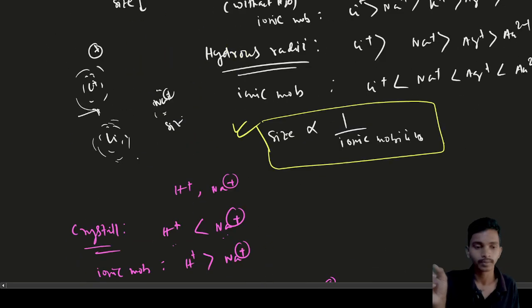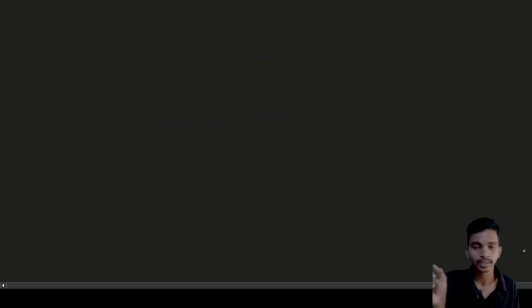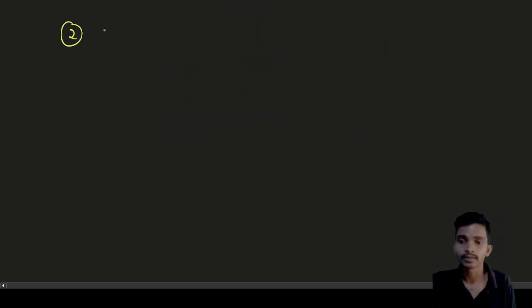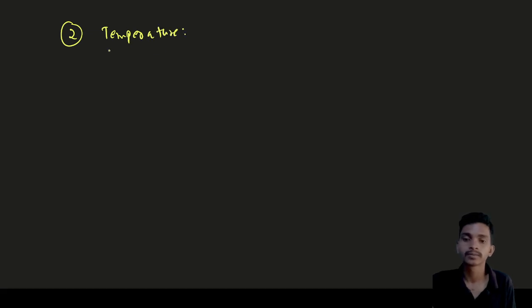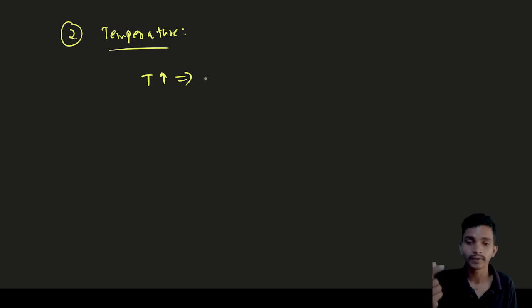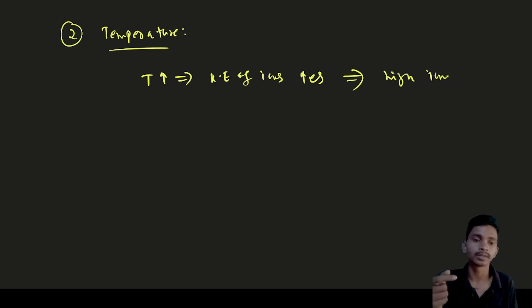So the first factor is size of ions, and we saw different cases. The second factor is temperature. If temperature increases, then kinetic energy of ions increases, which tends to high ionic mobility. So if you increase the temperature, ionic mobility will increase.